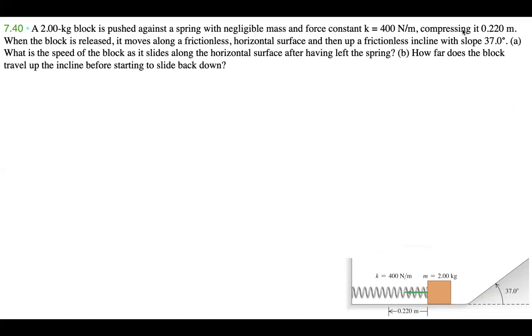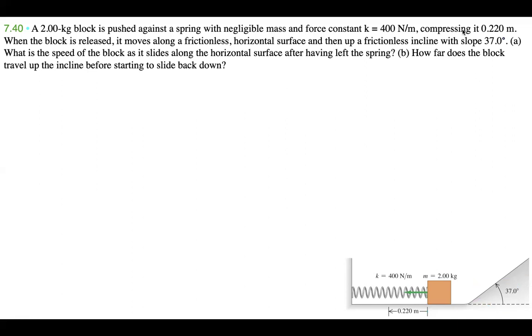So we have this mass right over here, already labeled as 2.00 kilograms. The spring constant is right here, and we know that we compressed it 0.220 meters. So it went from here all the way to here. Plus, we also know the incline, that's also labeled.